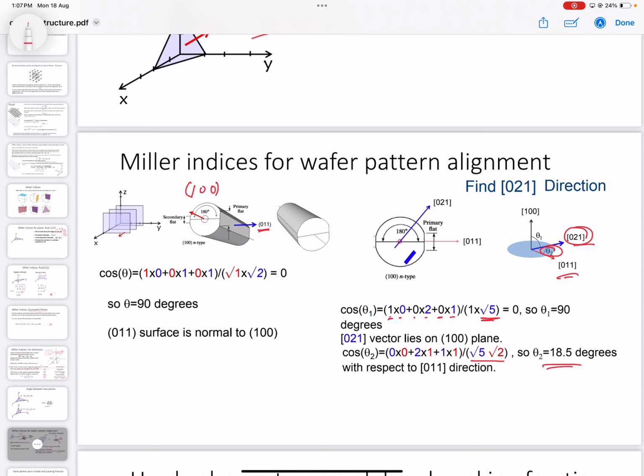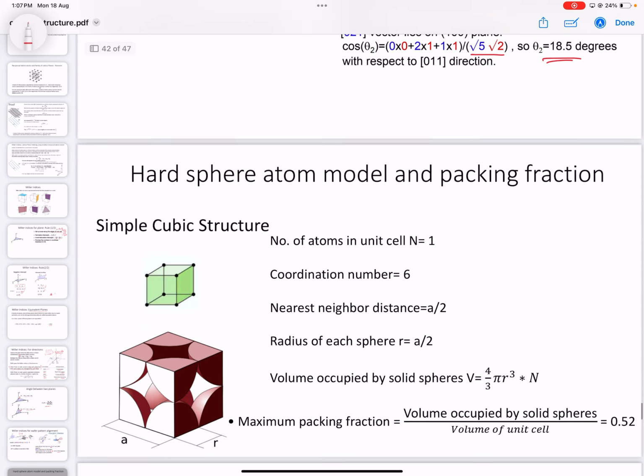So this was the 0 1 1 direction, and this is 0 2 1, and now I can make some device, some pattern this way, right? So this is how the Miller directions and planes are used, and in the assignment there will be some questions and you can solve them and get a better feel, right?